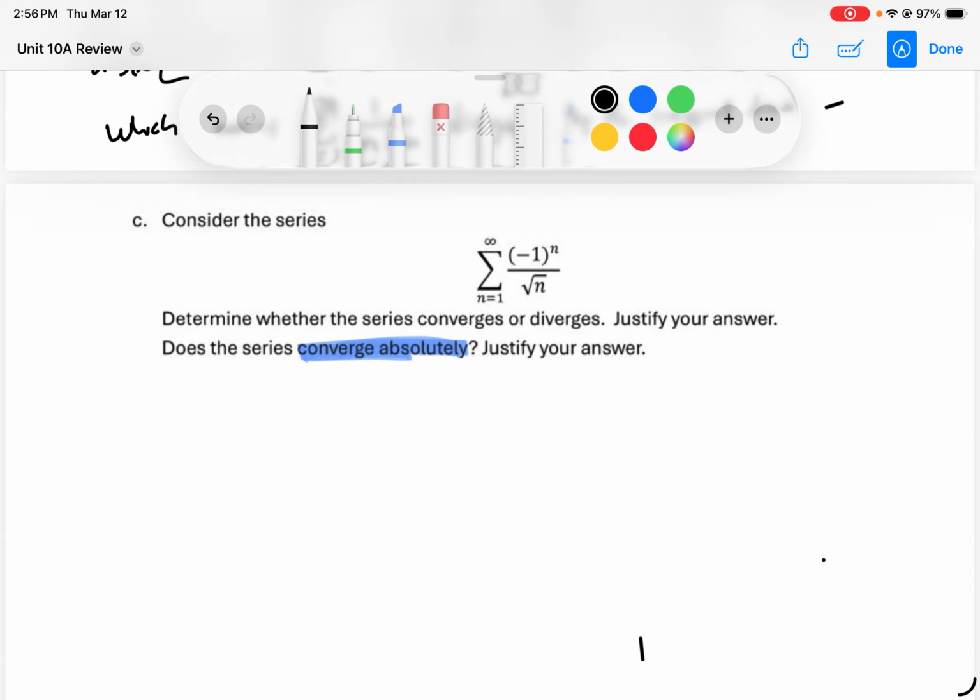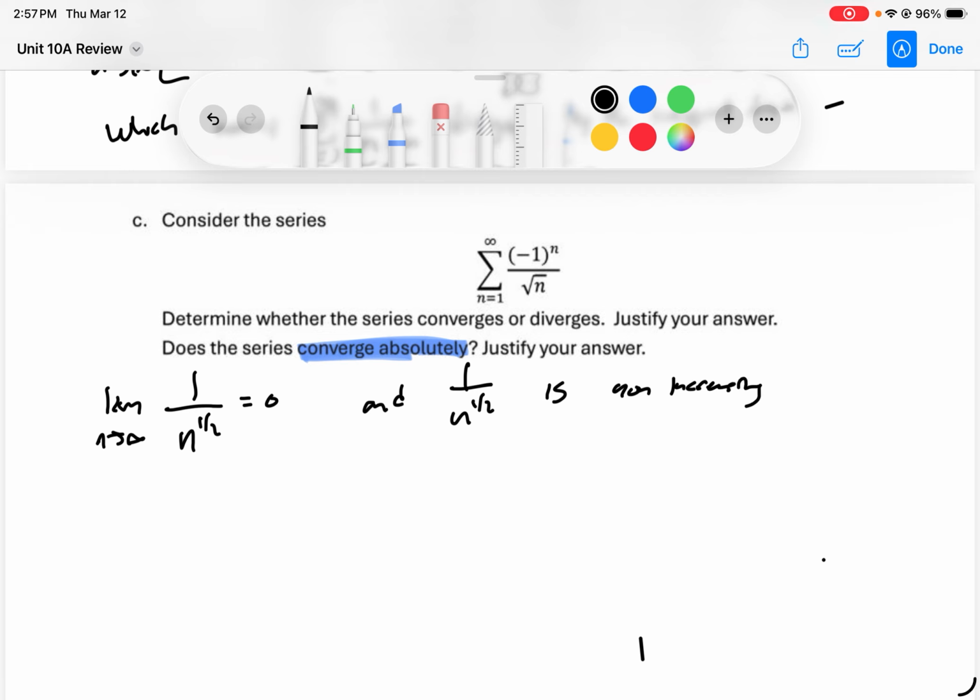So I'm going to use the alternating series test. So the limit as n approaches infinity of the non-alternating part is equal to 0. I'm going to justify that. And 1 over n squared is non-increasing. I think that's pretty obvious.